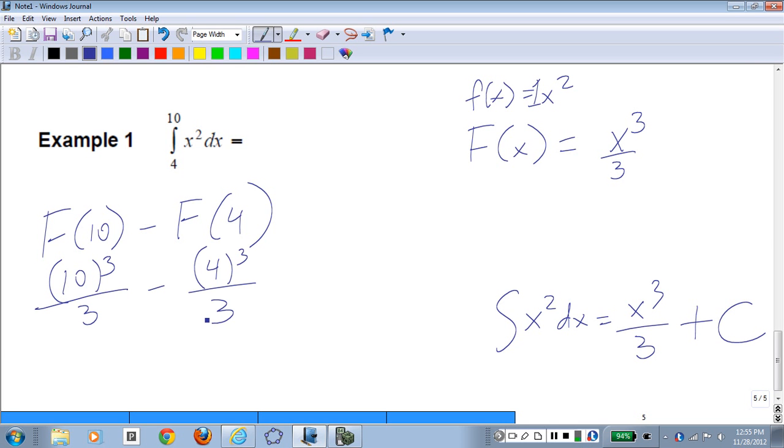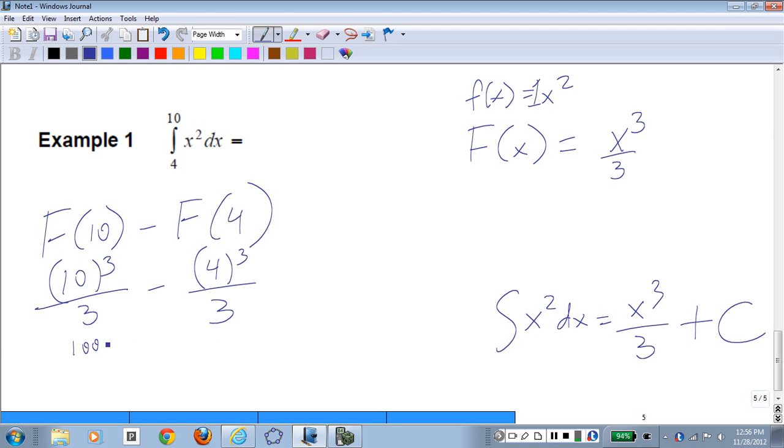If I had thrown in some other constant, like a 19, it would have been 10 cubed over 3 plus 19, but then we'd subtract 4 cubed over 3 plus 19, and the 19s would cancel. So I could have used a 19 or a 5 or a pi or whatever, but they would cancel. Although any constant would work, the nicest constant is 0. So that's the one I use.